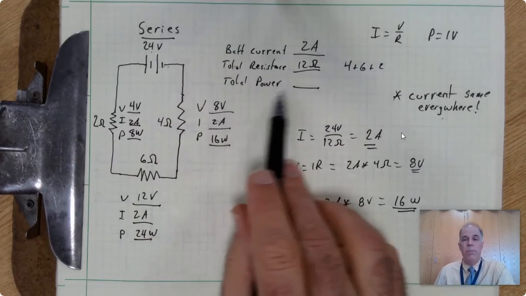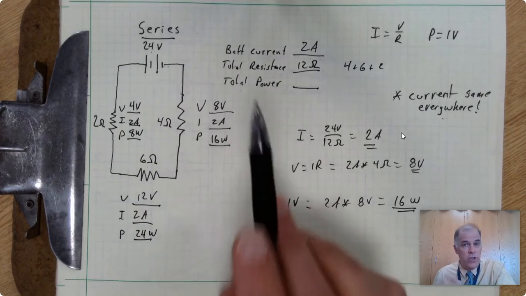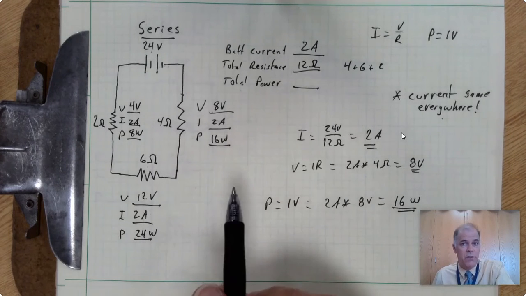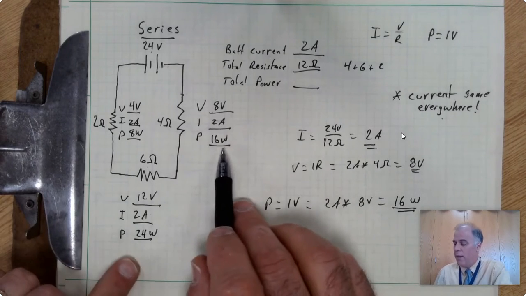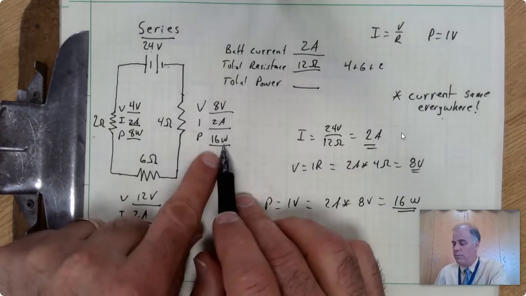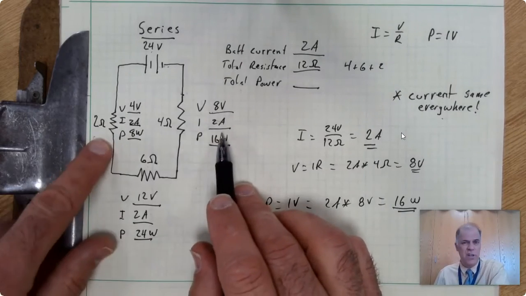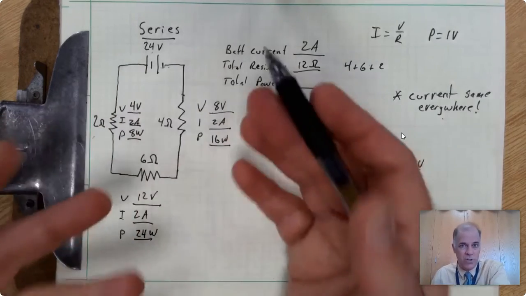And so for the total power, we actually now have 2 ways to solve this, and we should do both of them, again, to give ourselves a backup that we've done it right. So one way to do it is just to add up the power that is coming out of the resistors, because the energy that comes out of each of these resistors has to have been coming from the battery because that's our source of energy.